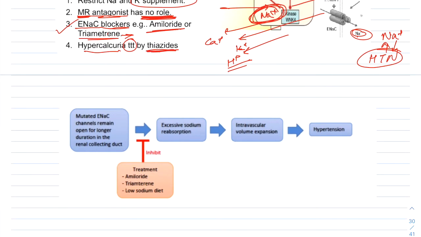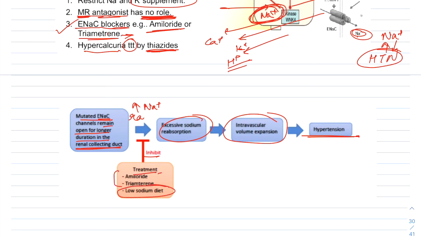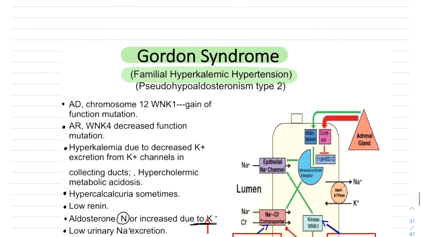So you have to remember that a mutated epithelial sodium channel remains open for a longer duration in the collecting duct, causing excessive sodium reabsorption, volume expansion, and leading to hypertension. So we can treat it with a low sodium diet, or we can use epithelial sodium channel blockers like triamterene and amiloride. Okay, so this was about Liddle syndrome.